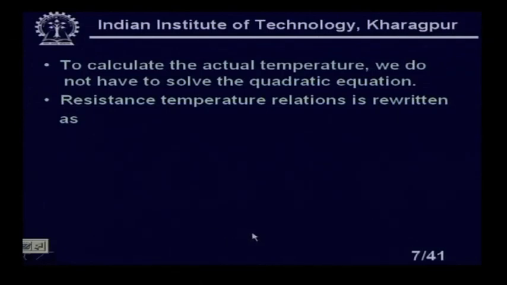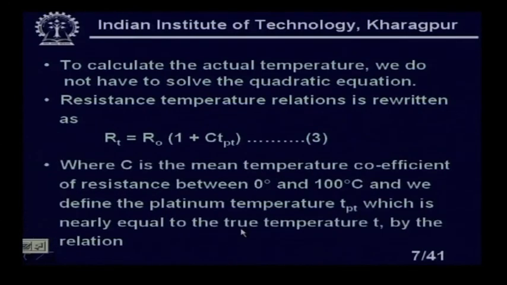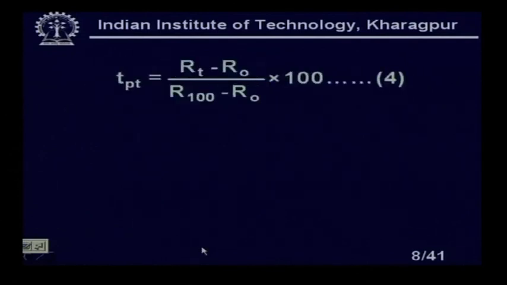So, instead, the resistance temperature relation is rewritten as R t equal to R naught multiplied by 1 plus C into T p t. This is equation number 3, where C is the mean temperature coefficient of resistance between 0 degree and 100 degree centigrade. We define the platinum temperature TPT, which is nearly equal to the true temperature T, by the relation TPT equal to RT minus R naught upon R100 minus R naught into 100.